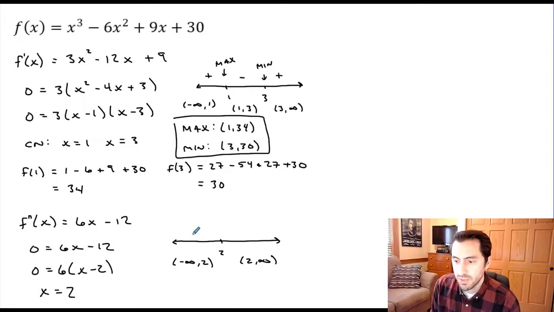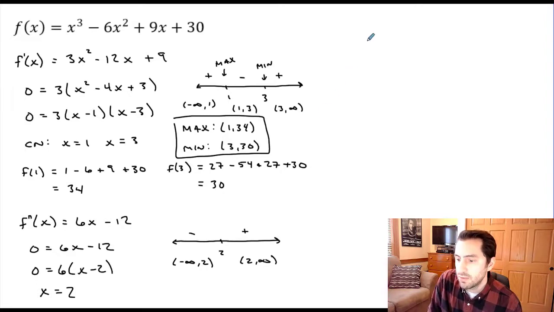So if we pick out something smaller than 2, for example, again, we could pick out 0. So here we'll end up with something that's negative times 6, so we have a negative here. So our second derivative is less than 0, which means that this interval is going to be concave down. And now if I pick out something bigger than 2, I'll end up with a positive times 6, so I also get a positive.